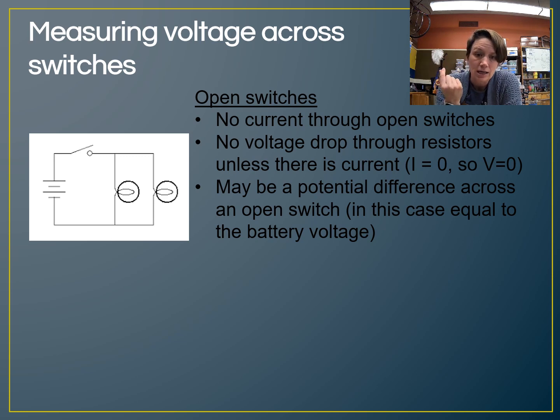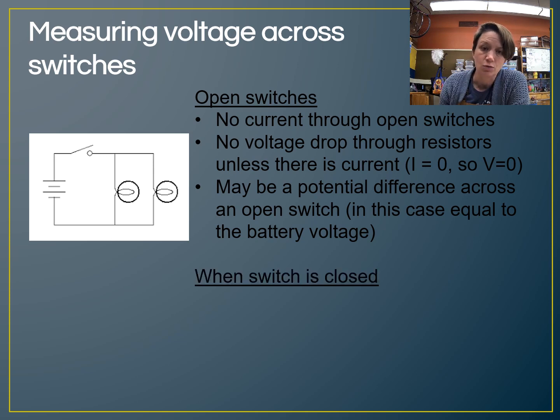Therefore, there actually is a potential difference across the switch. The top side of the switch basically is the same voltage as the top of the battery, and the right side of the switch is going to be the same voltage as the bottom of the battery. The potential difference across the switch is actually equal to the battery voltage if that switch is open.